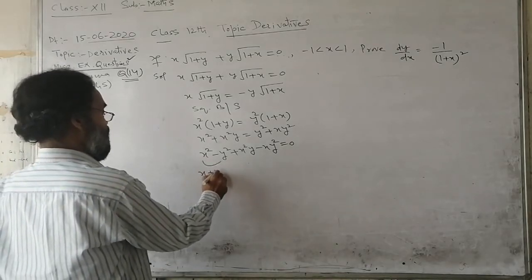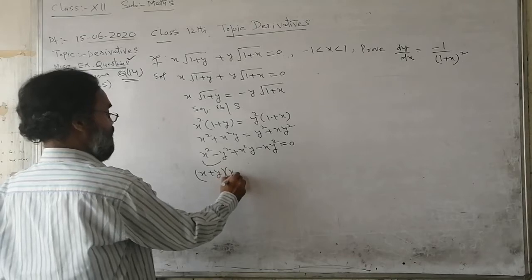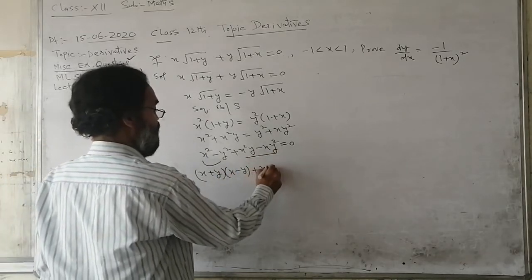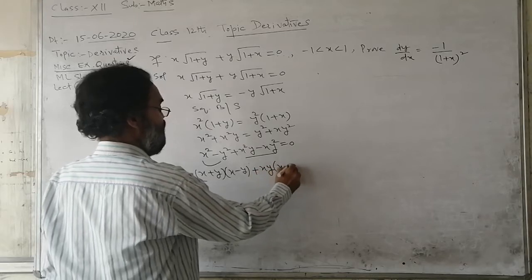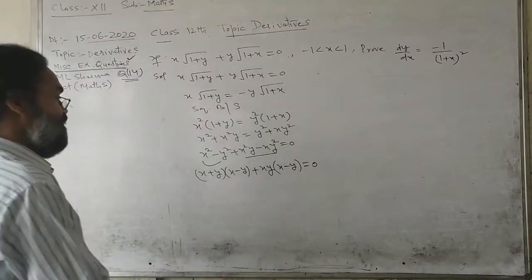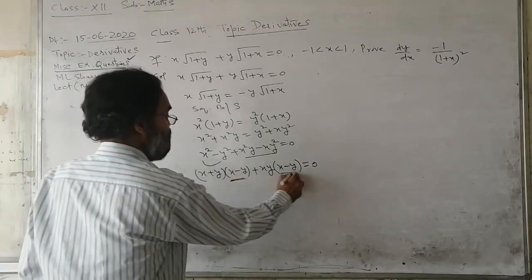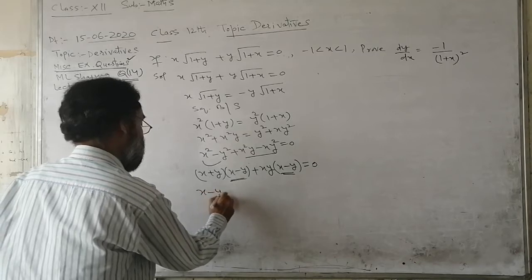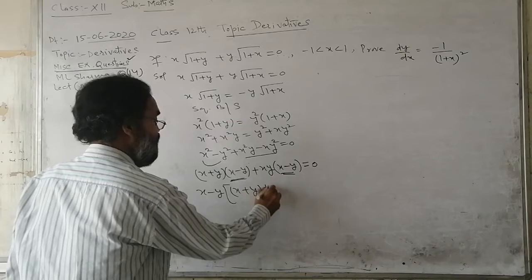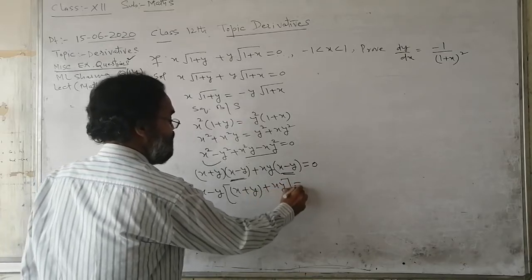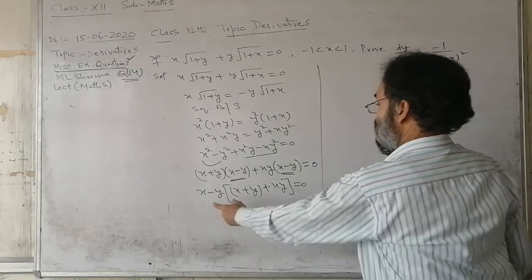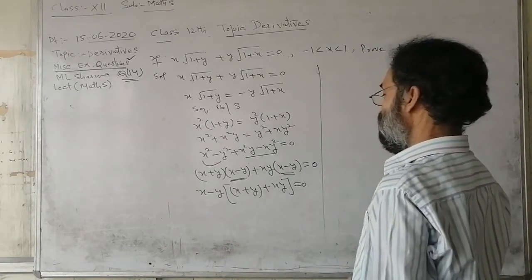Here I can write x plus y, x minus y. From here xy can be taken outside. x minus y will be left here. So this is a common factor, and inside this will be left. This is equal to 0. Now x minus y cannot be equal to 0.